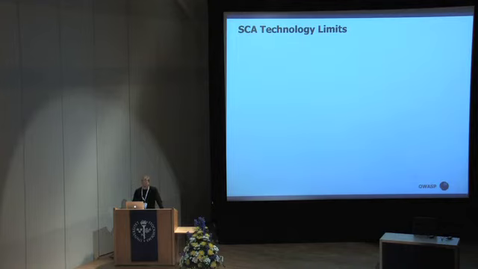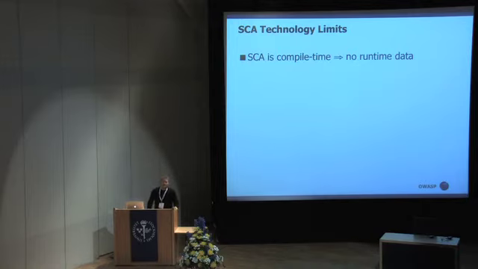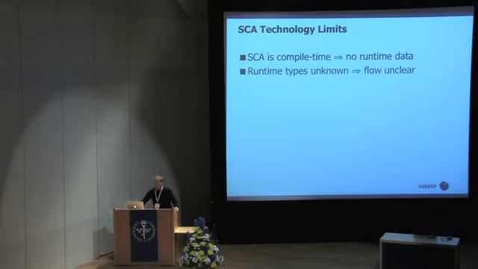So this immediately brings up the technology limits. The first thing is source code static analysis, by definition, kind of is run at compile time. So there's no runtime information available. Whenever you're running a piece of code that is depending on anything coming in from the user, you have to guess. You don't know what's going on, so that obviously introduces a lot of variables that you have to deal with in the process.